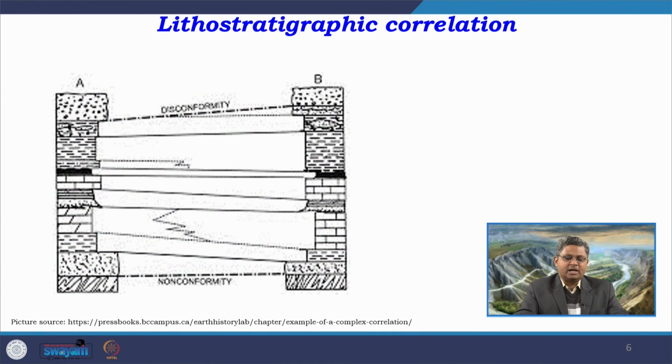So, in lithostratigraphic correlation, what we commonly do, for example in this case, we have a common base for both these logs taken from area A and area B. We are getting similar correspondence over here in this part, and we are getting similar correspondence over here in most of the lithologies.